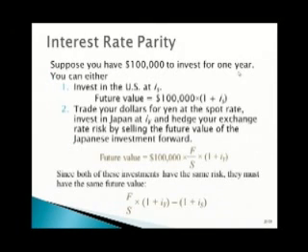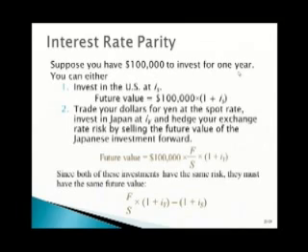Let's look at an example. Suppose that you have $100,000 to invest for 1 year. Well, you can either invest in the U.S. at a rate of I, and you'll have a future value of 100,000 times 1 plus I, or you can trade your dollars for yen at the spot rate, invest in Japan at their interest rate, which is denoted by I sub yen, and hedge your exchange rate risk by selling a future contract so that essentially you're able to convert the future value of the investment in Japan back into dollars.